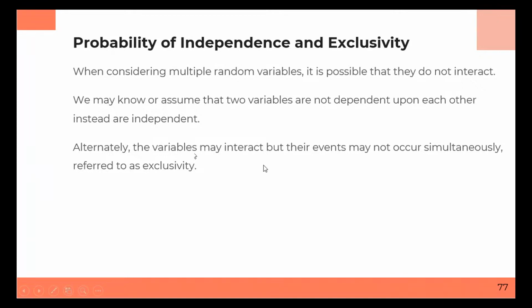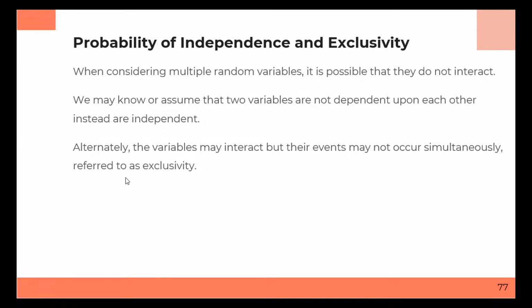Alternatively, the variables may interact, but their events may not occur simultaneously. This is referred to as exclusivity. Exclusivity means two events are interacting, but the events are happening one after another. That means at a specific time, only one outcome can come. That is fixed.